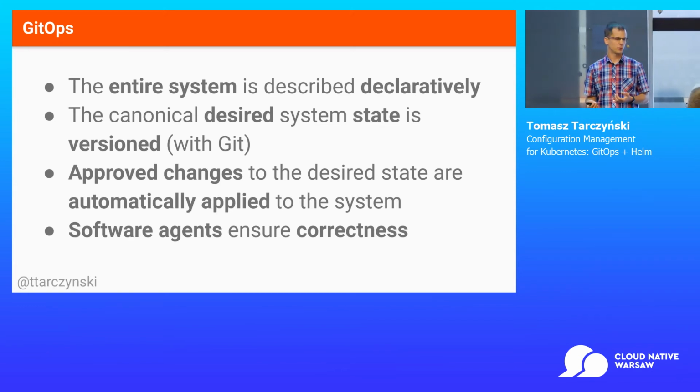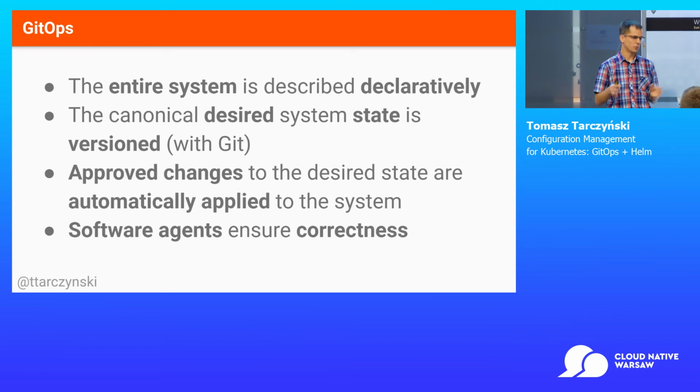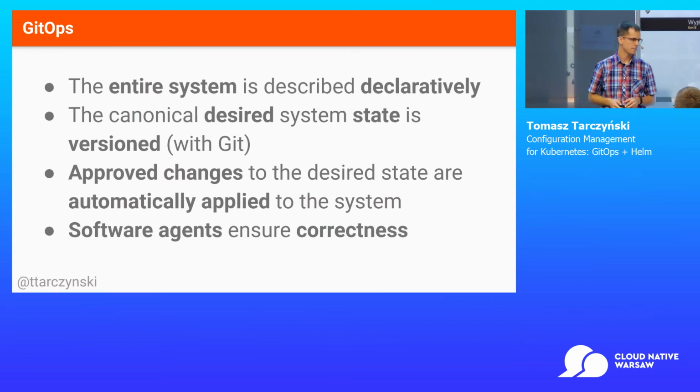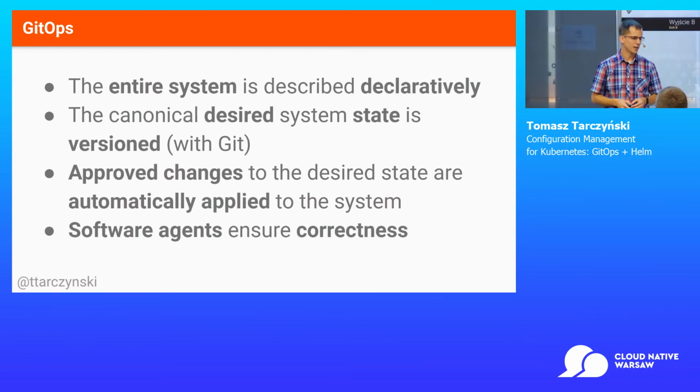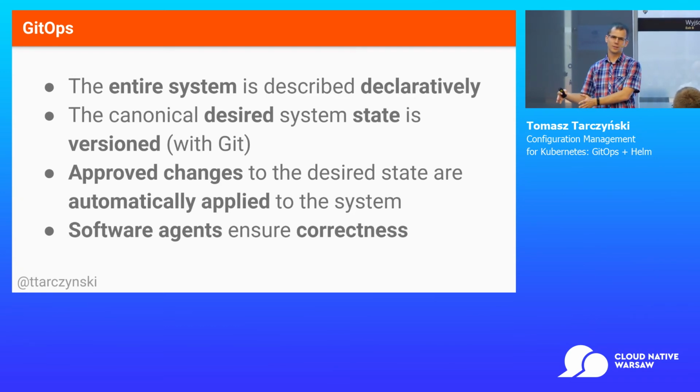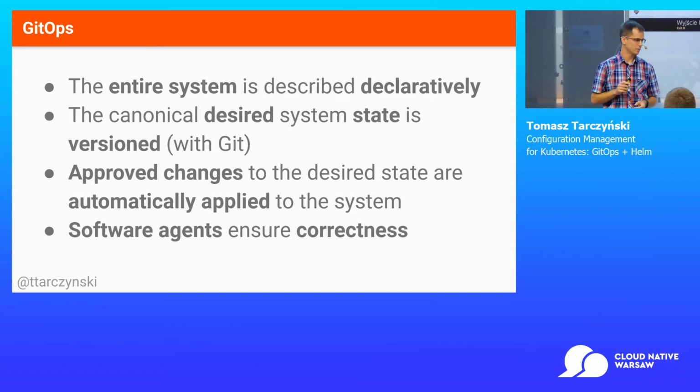Those are topics outside of the interest of tools like Flux, but when we put all those in version control, it is quite easy to achieve those kinds of processes. And we've got software agents that are constantly ensuring correctness. As I've demonstrated, when I, by mistake, deleted things from my cluster, they got automatically recreated.